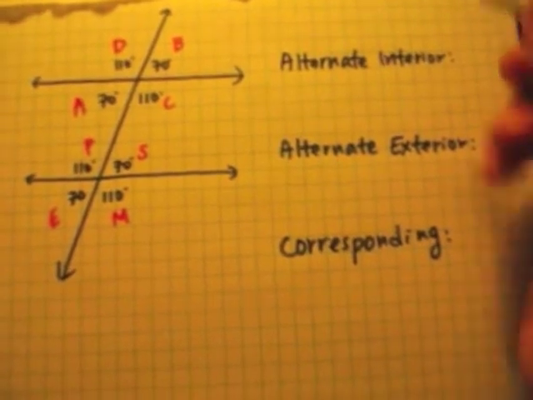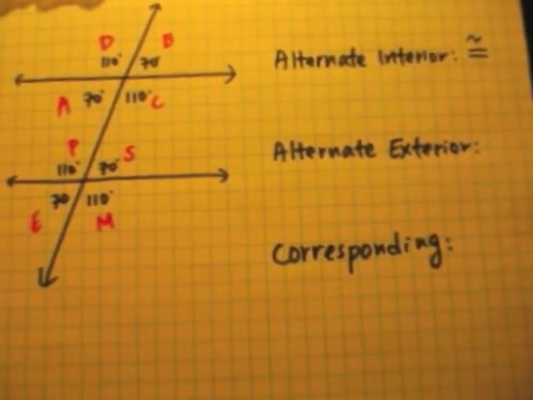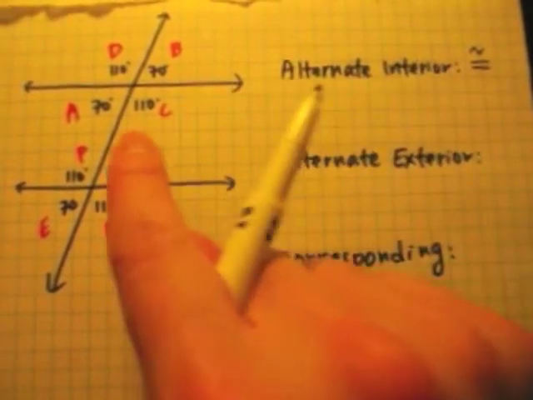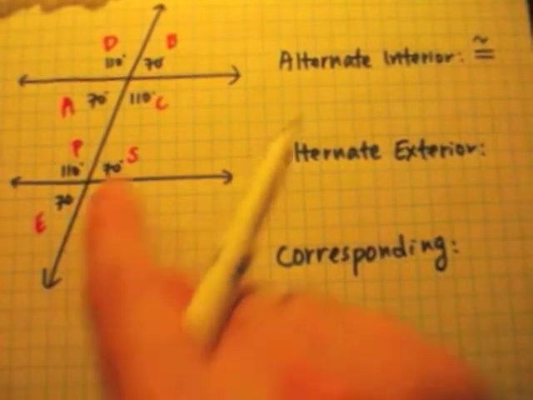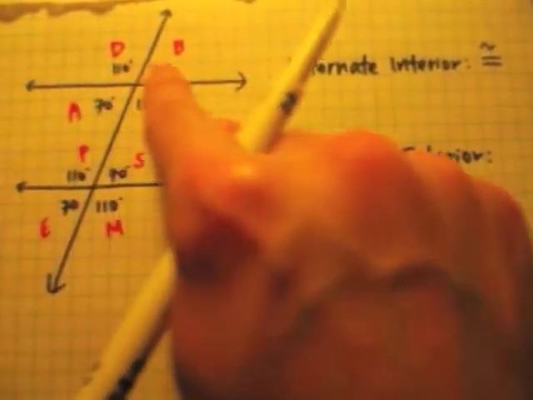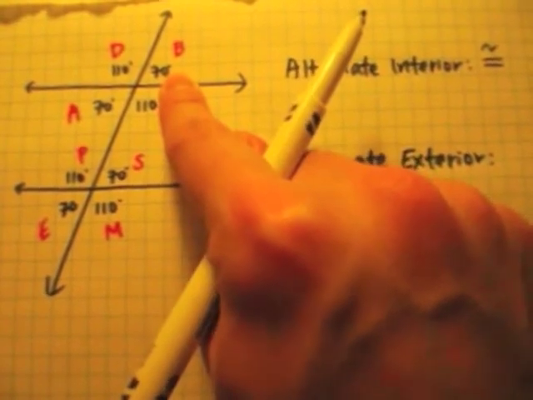Okay? Remember that alternate interior angles are always congruent. So again, I'm looking for angles that are opposite of the transversal inside of the parallel lines and also congruent.